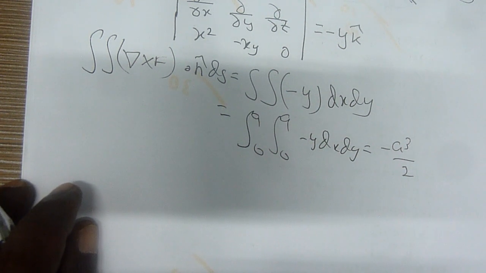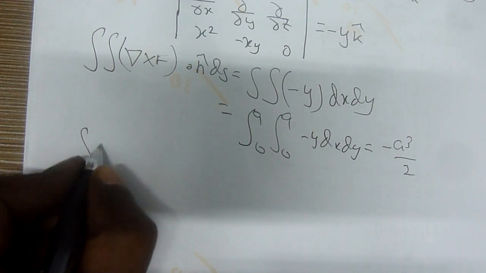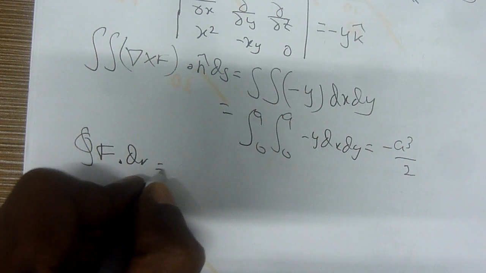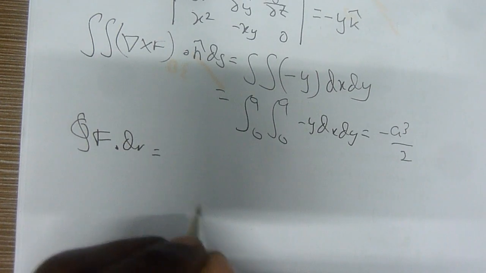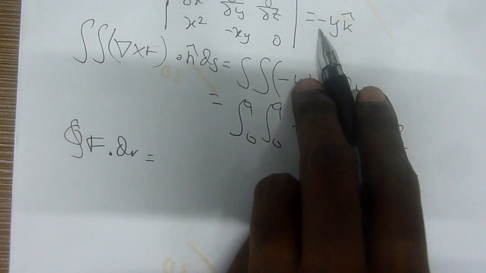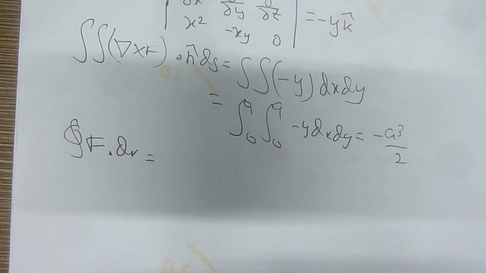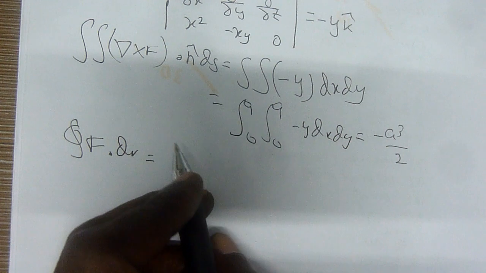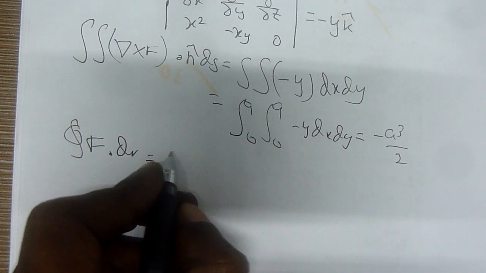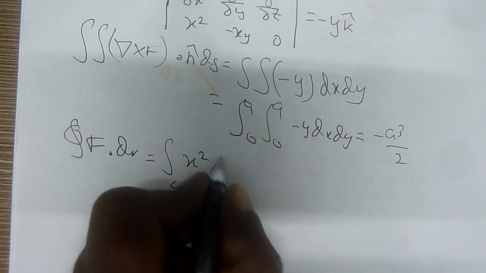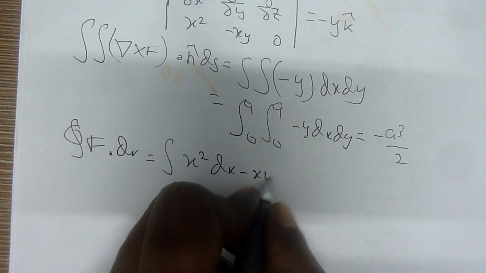Then what about the line integral of F dot dr? Is it one is enough? Yes, because we only get k, we can solve only one, no other options. Here, similarly, we will get x squared dx, xy dy.